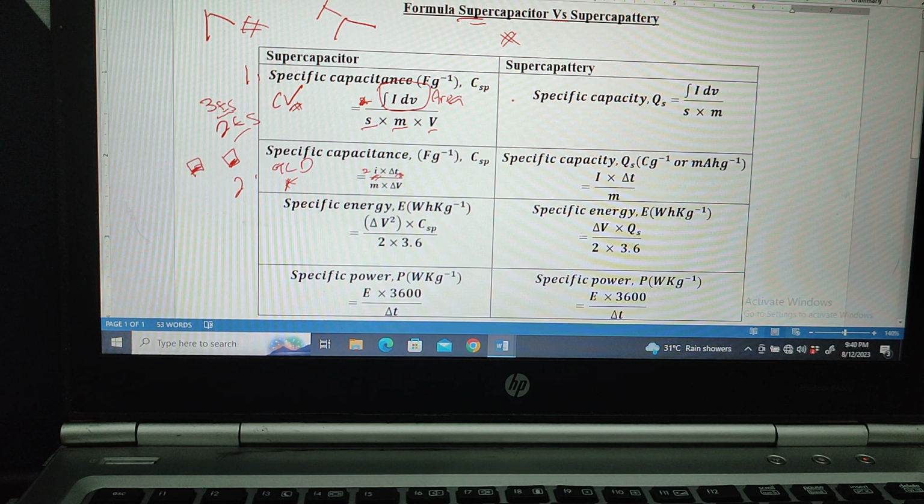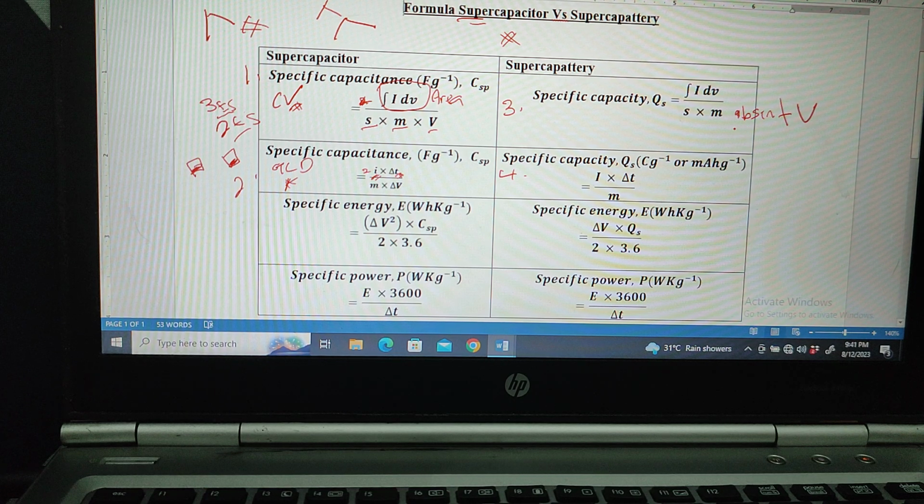So let me label here number 3, and this one is number 4. If you see the left-hand side, which is supercapacitor, and supercapacitor is on the right-hand side, the only difference to calculate the specific capacity here is the absence of V, which is the absence of the potential window.